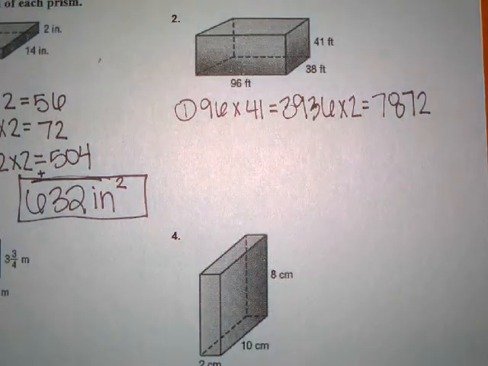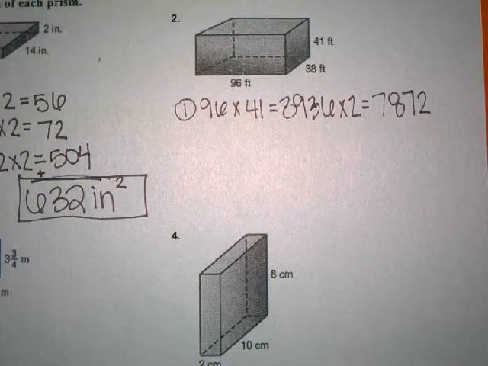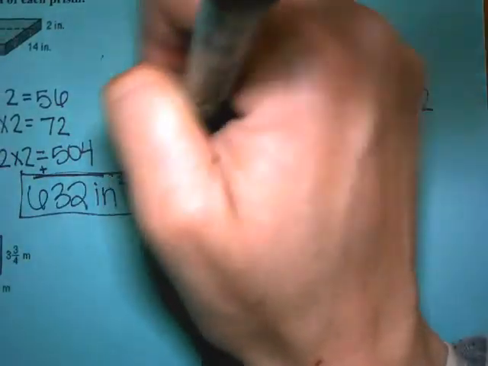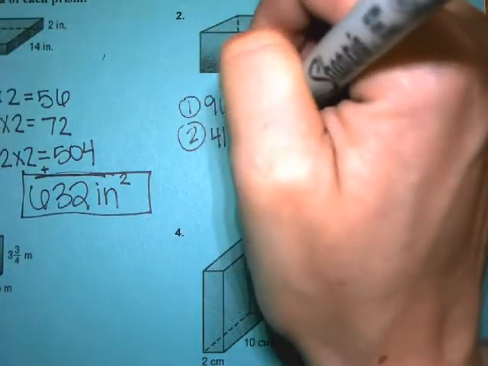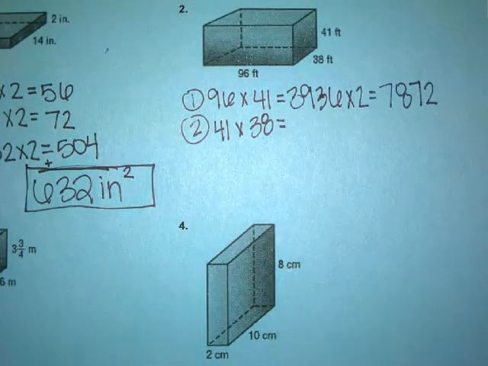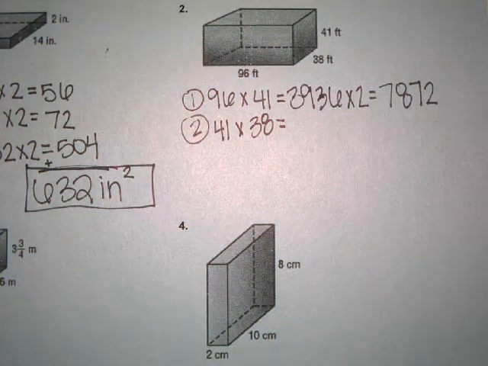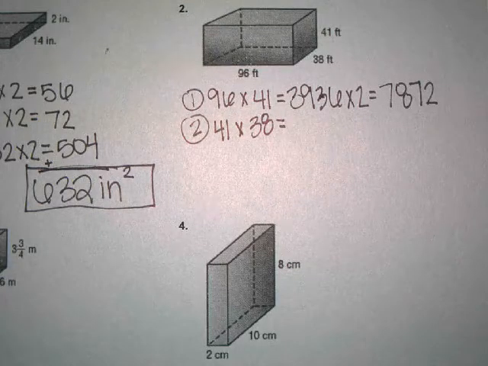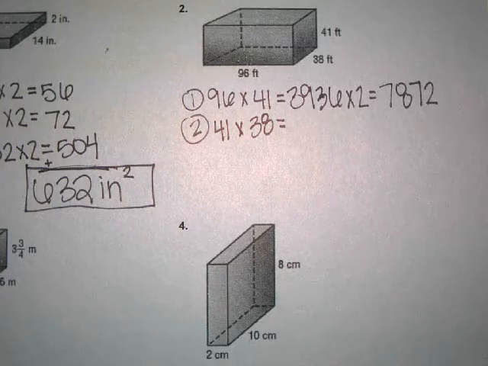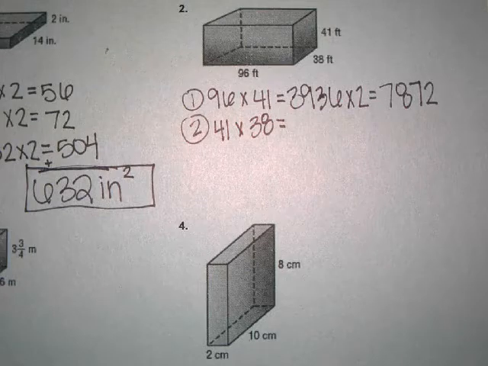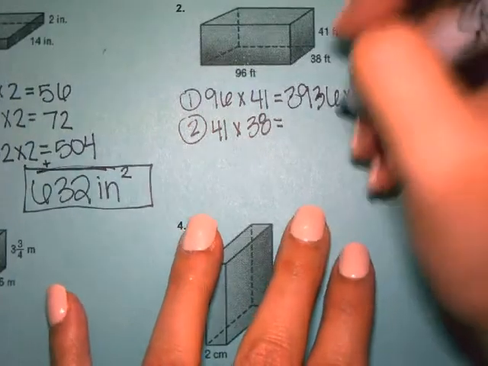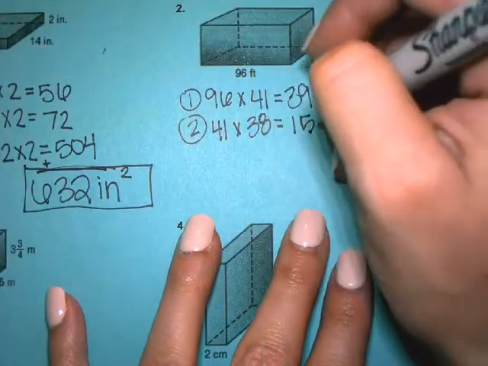7,872. Okay, someone tell me what else can I multiply together? Isabel. 41 times 38. Everyone do that for me. What is it, everyone? 1,558.